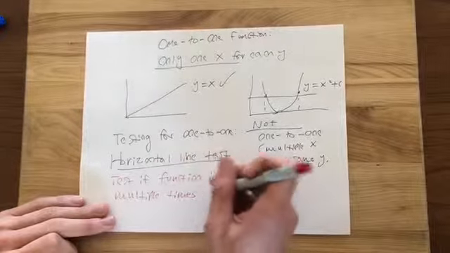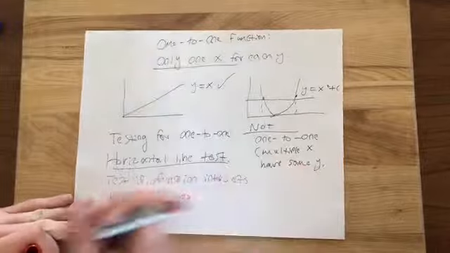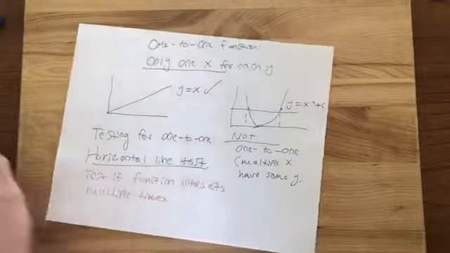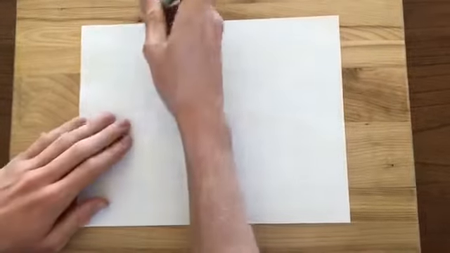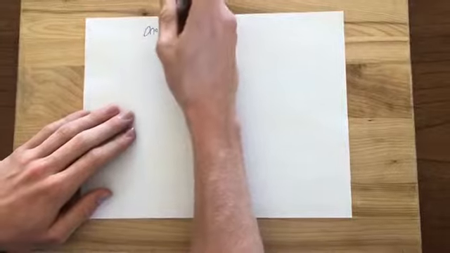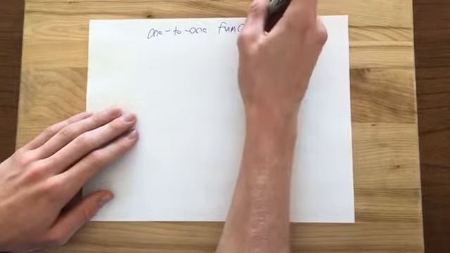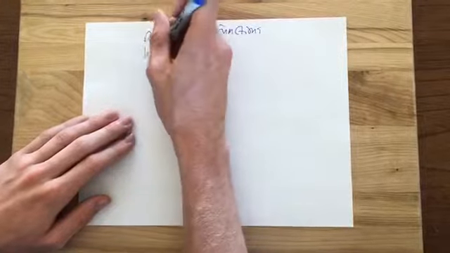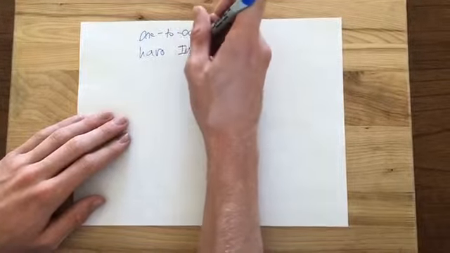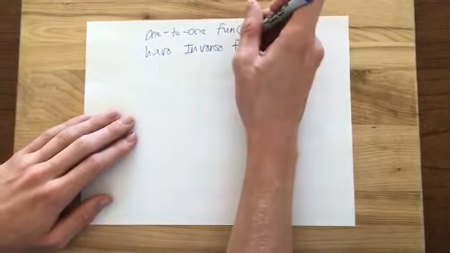This horizontal line test will test if the function has multiple y's that are equivalent for different x's. The condition that we're meeting here has to deal with inverse functions. If a function is one-to-one, it can have an inverse function.